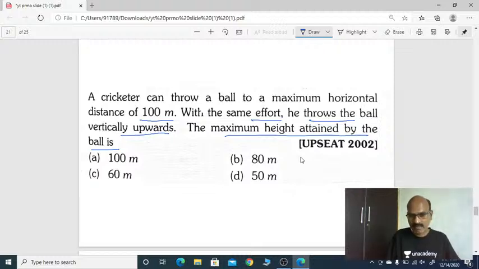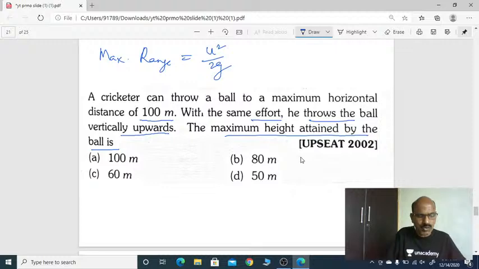See that a cricketer can throw the ball to a maximum horizontal distance. What is the maximum range then? Horizontal distance is only range. Maximum horizontal range we know is u square by g. This is 100 meters given.